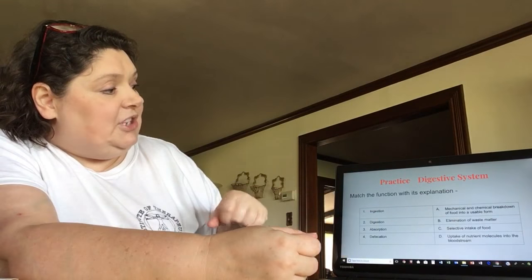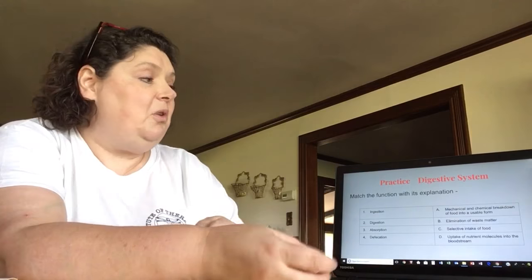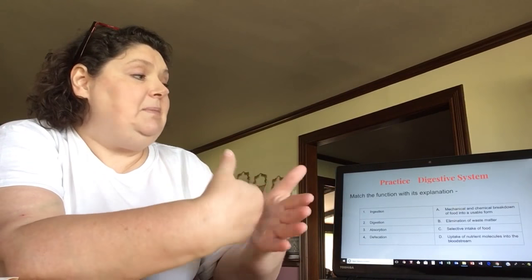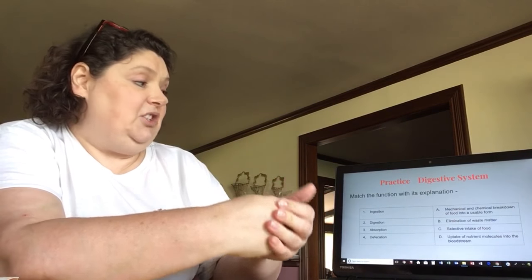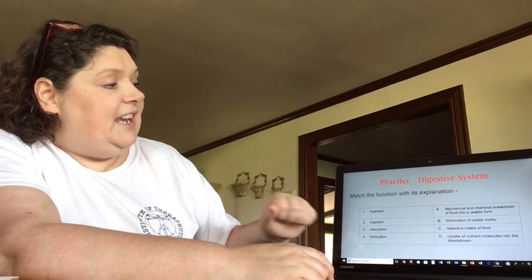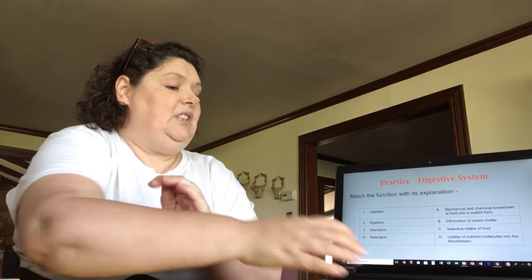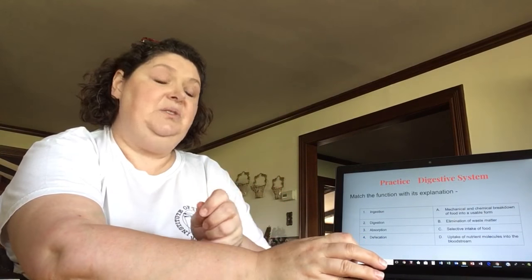We then have absorption, getting those nutrients to a small enough form so we can absorb them, uptake those nutrients into the bloodstream, again in the small intestines. And defecation is that elimination of the waste matter stored in the rectum before it's released through the anus.